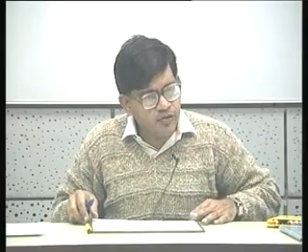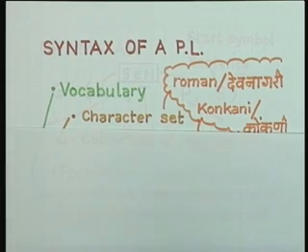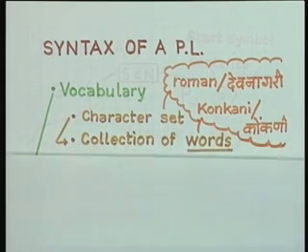A word of the language is formed from a fixed character set, and you identify certain strings of characters as allowable words or part of the vocabulary of the language. So a complete dictionary of the language is what constitutes its vocabulary.